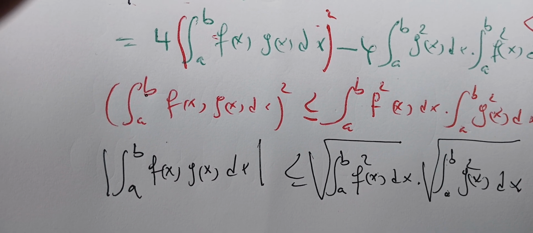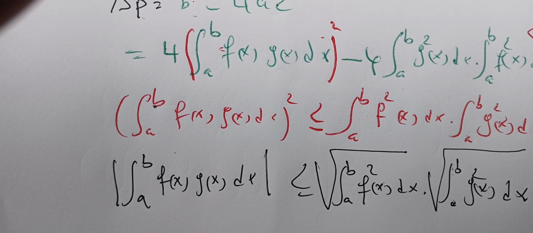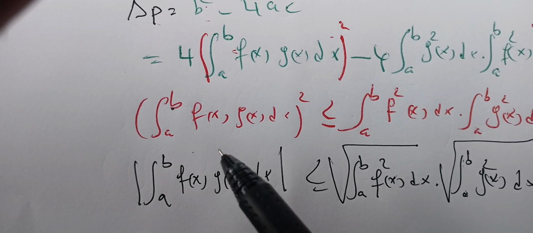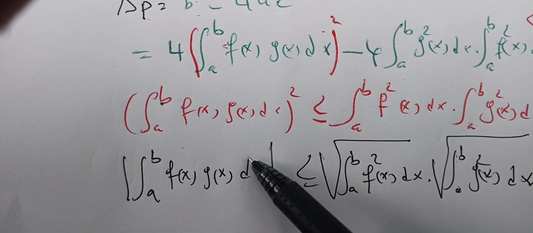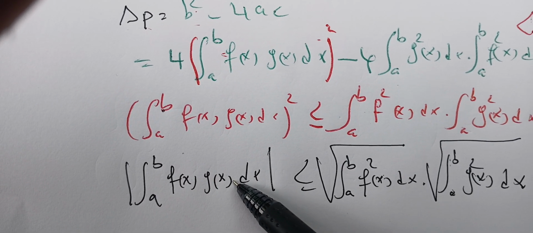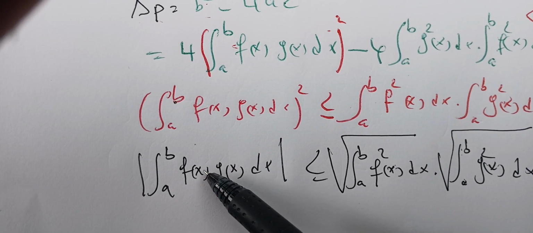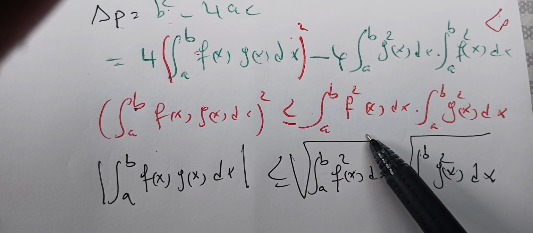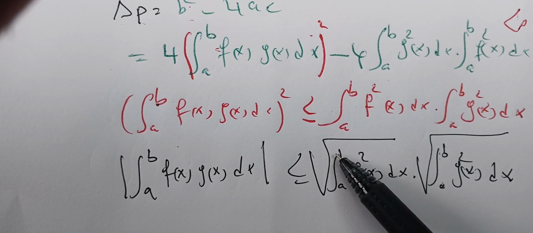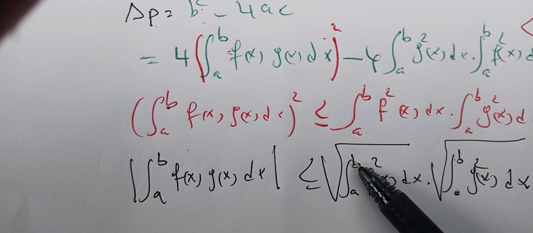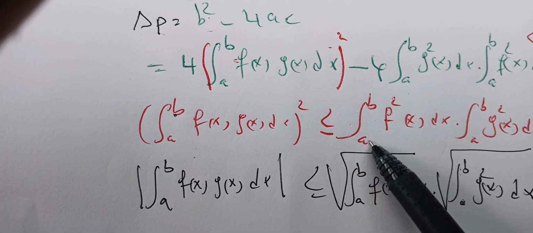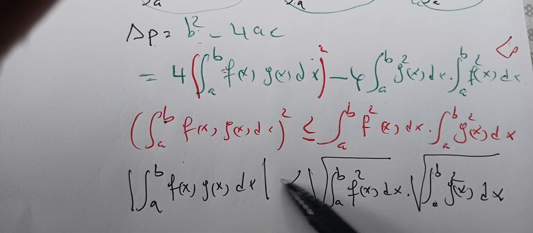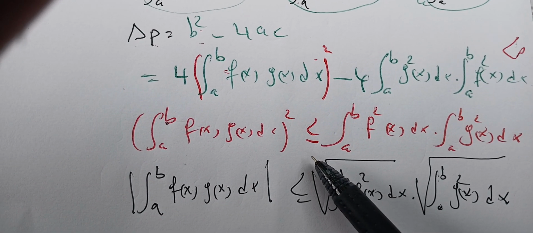This is the result that we are looking for, and we have done it. This result gives us a relationship between two functions, f of x and g of x. All we assume is that both f and g are continuous on this interval [a, b]. We're going to use this result to prove many others. For those of you who are advanced, this is a great result to learn, and you need to have it in your tools.